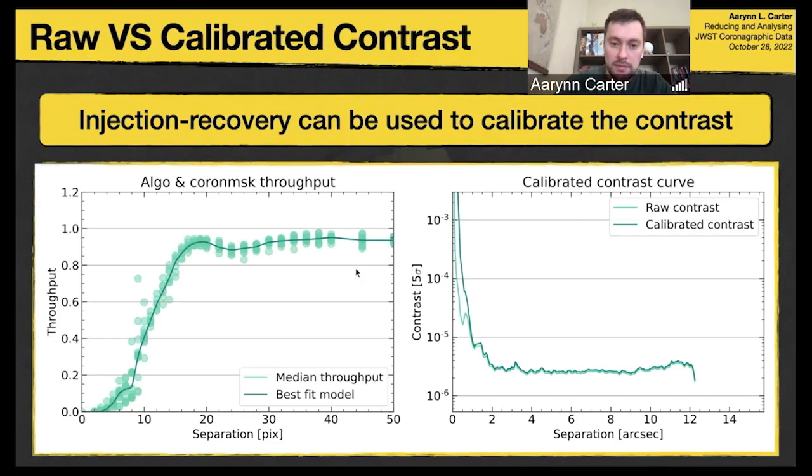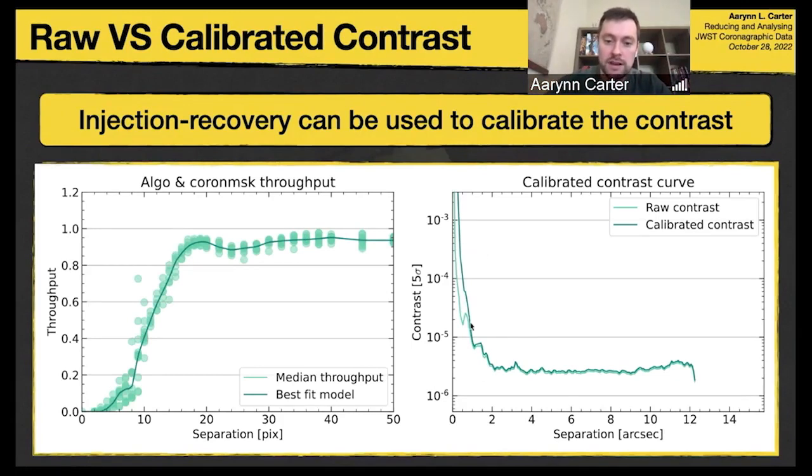But towards these wider separations where the coronagraph really shouldn't have too much influence, you can see the throughput still isn't quite 1. And that's the PSF subtraction chewing into the companion flux itself. So what we do is we take that throughput and divide our contrast curve by it to get this calibrated contrast, the true contrast as a function of separation.